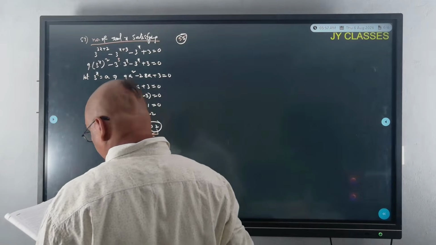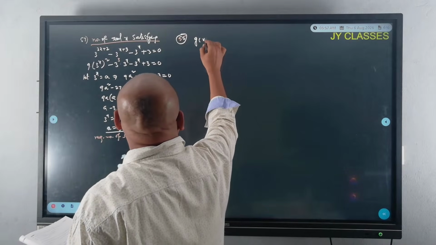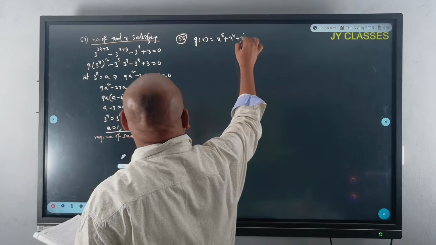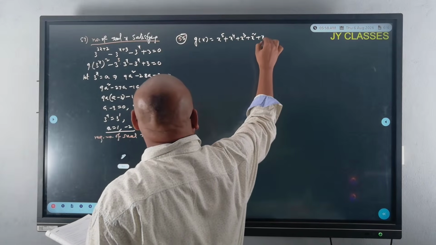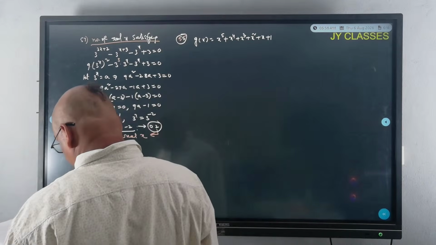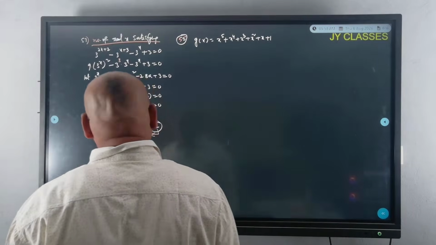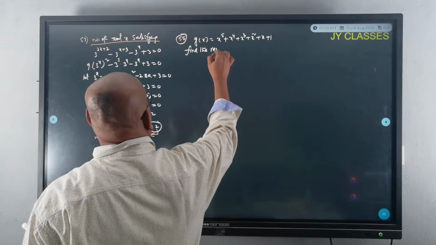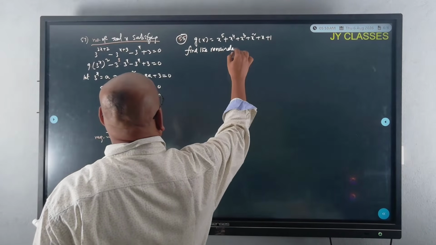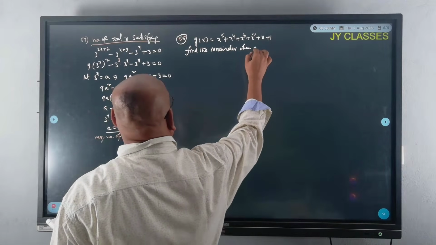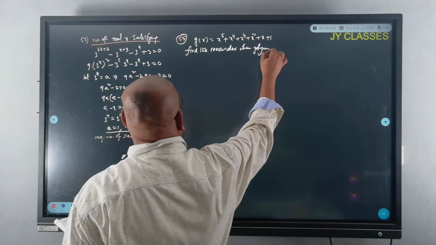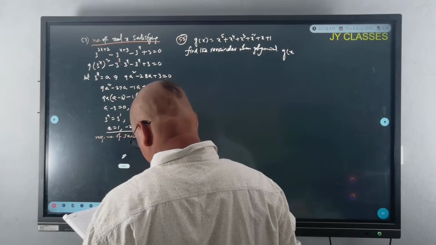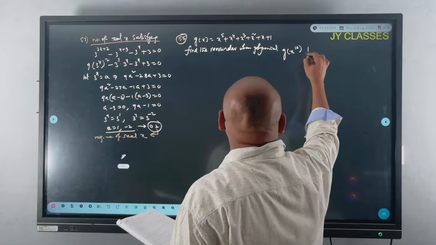G of x is equal to x power 5 plus x power 4 plus x power 3 plus x square plus x plus 1. Find the remainder when polynomial g of x power 12 is divided by g of x.